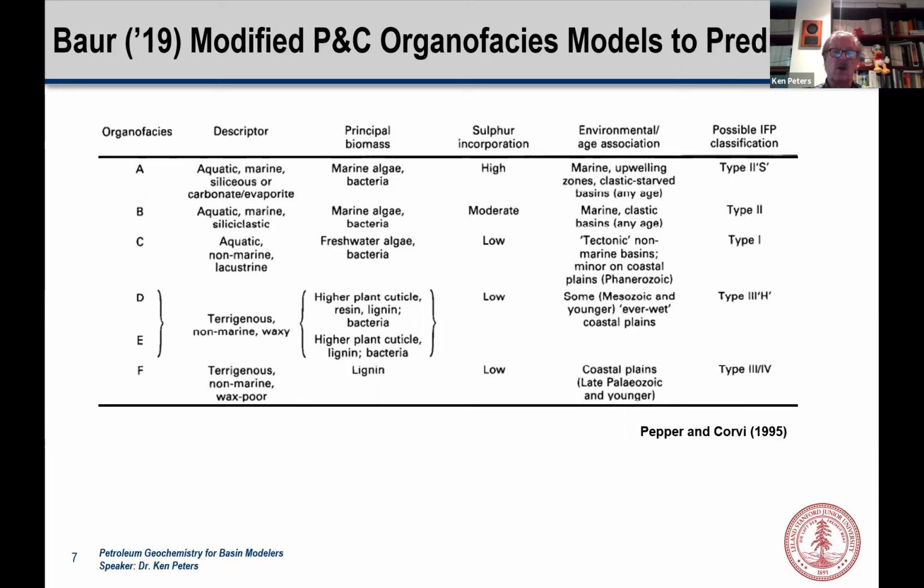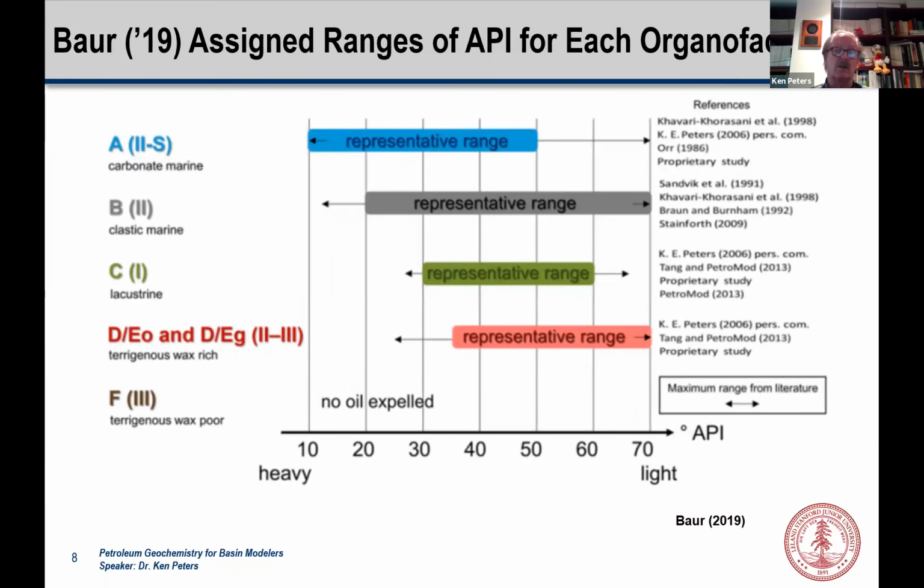So let's look at what kind of ranges of API gravity he decided were appropriate for his models. This is from his 2019 paper, which I think is one of the better papers I've seen in recent years. It's really quite compelling, and it shows the representative ranges of API gravity that you see for these different types of Pepper and Corvey organofacies.